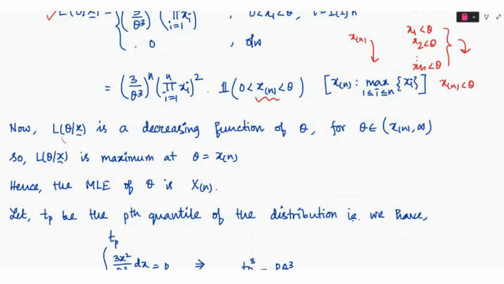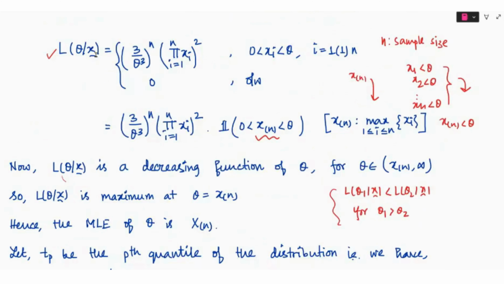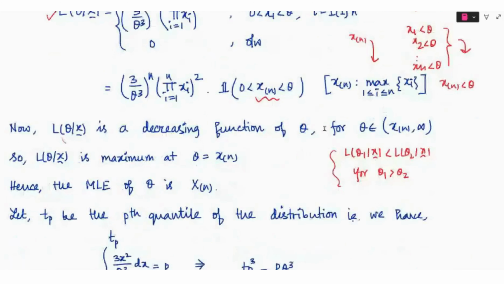Now look at the likelihood function of theta. It is a decreasing function. You can check that L(theta 1 given x) is less than L(theta 2 given x) for theta 1 greater than theta 2. You can check it. As L(theta) is a decreasing function of theta for theta between x order n and infinity, because the parametric space of theta is greater than x order n, the parametric space starts at x order n and goes up to infinity.